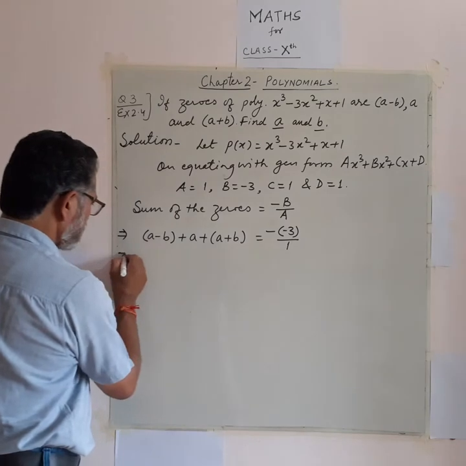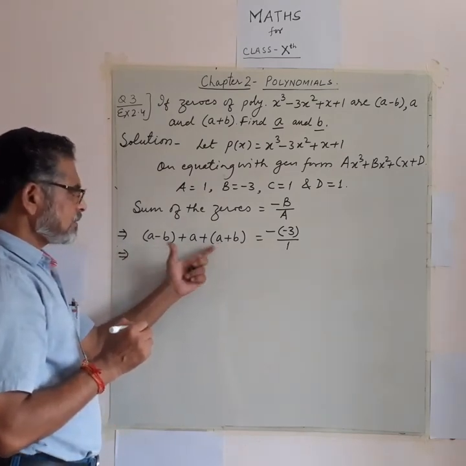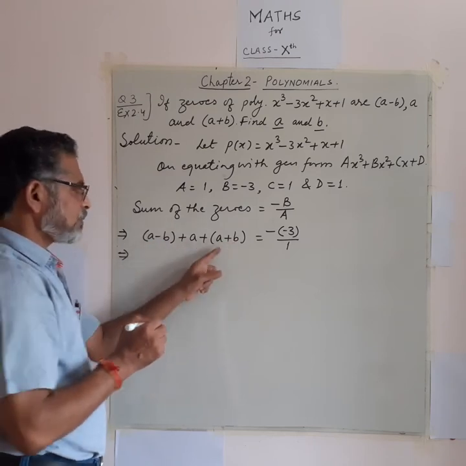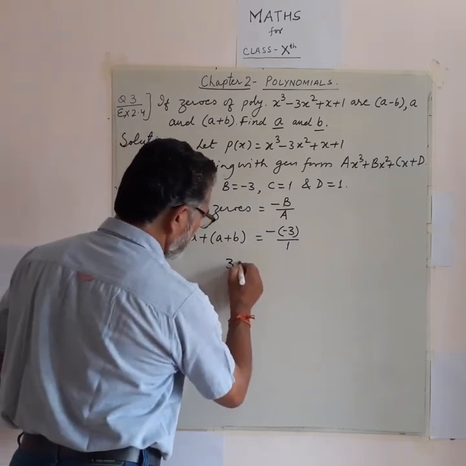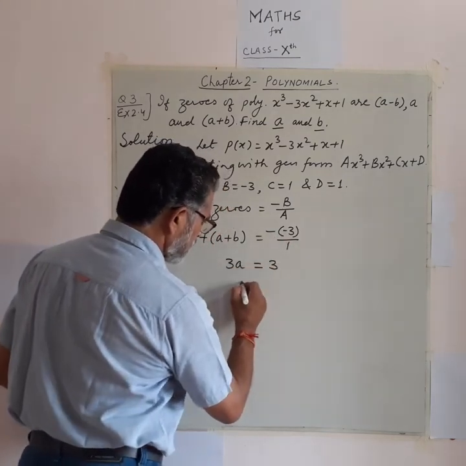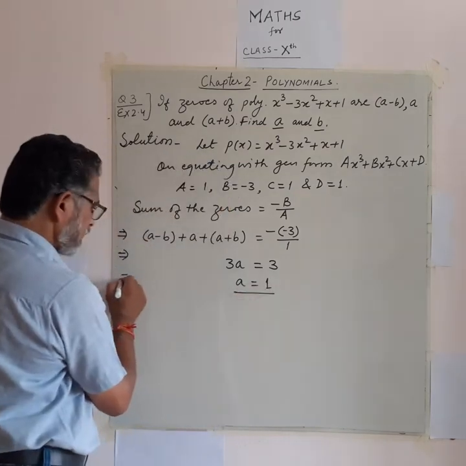If you solve it, what do we have? Minus b plus b cancels, we have a plus a plus a, that is 3a, equals minus of minus 3, that is 3. So we get a equals 1. So now we get the value of a.